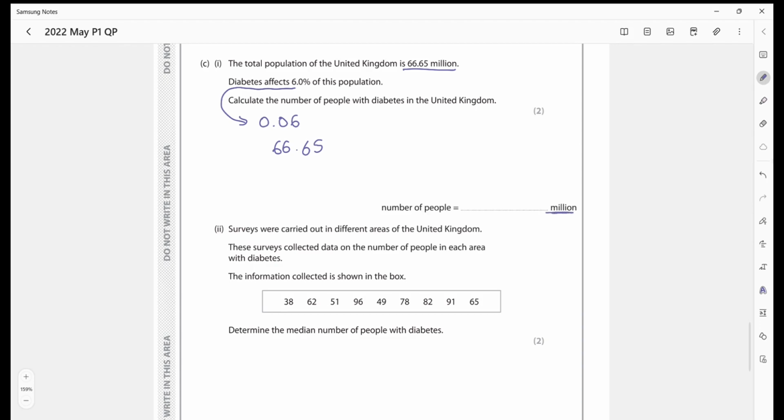So you don't need to add all of the zeros for million, just write 66.65 and then times that by 0.06. Let me just calculate that. So 66.65 times 0.06, that would be 3.999, which is the same as 4. So that would be 4 million.